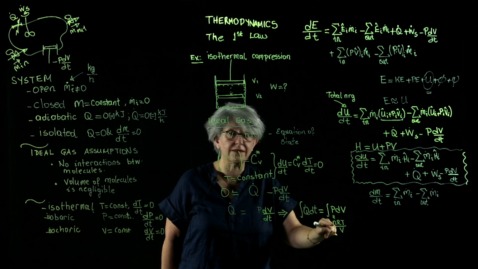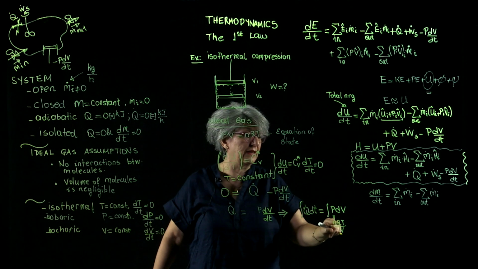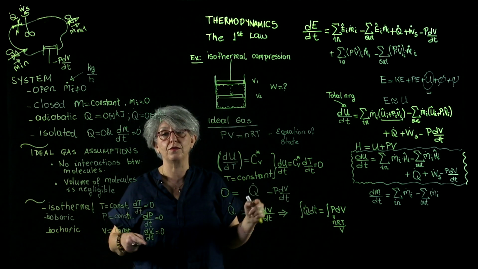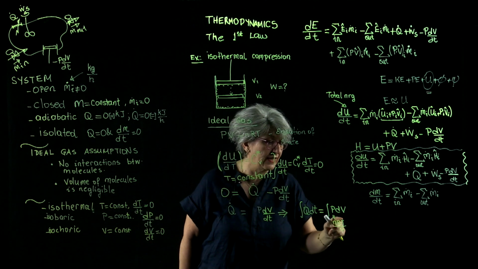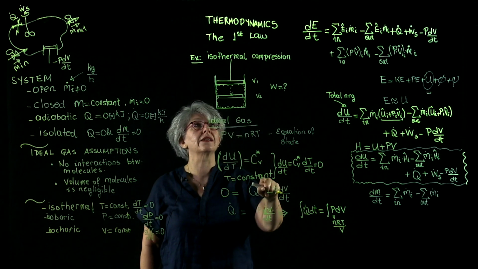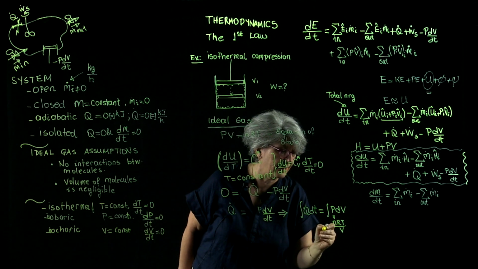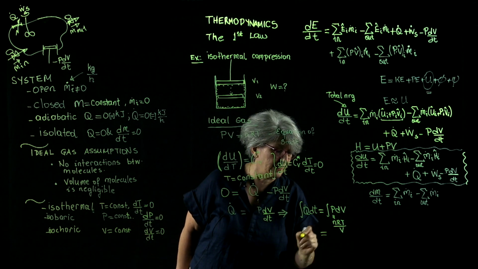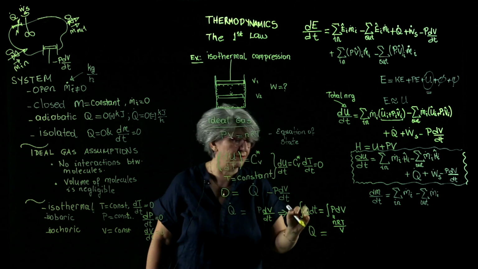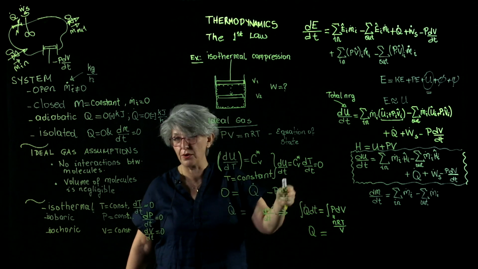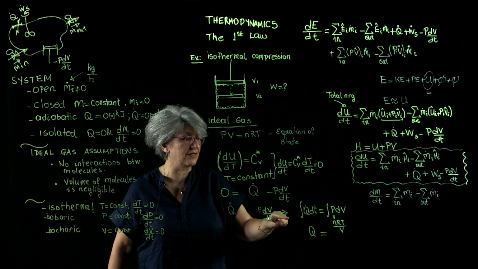But n is constant, mass is constant, moles are constant. R is the universal gas constant by definition. Temperature is constant. So I have on this side Q, this dot per time cancels with this dt through integration.